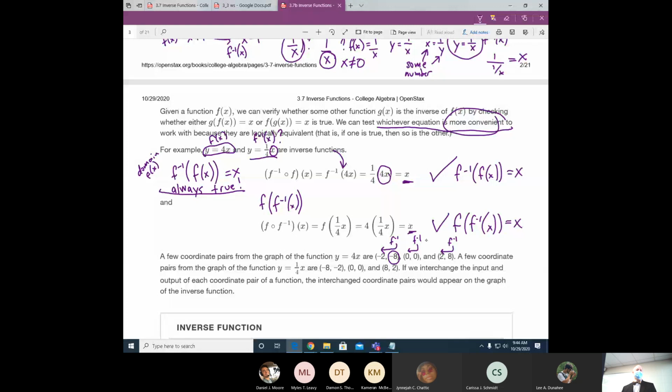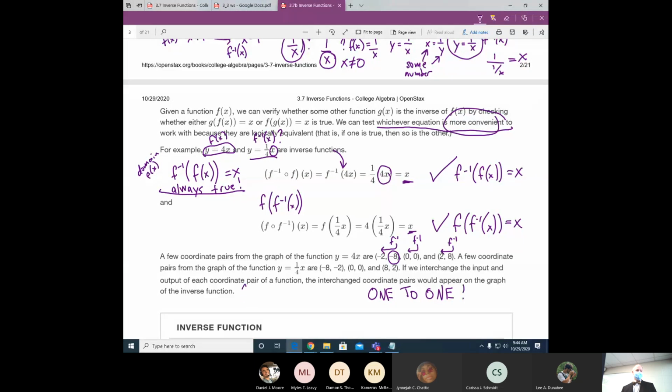In order for this always to work, that means my function must be 1-to-1. Let's think about what that 1-to-1 means.